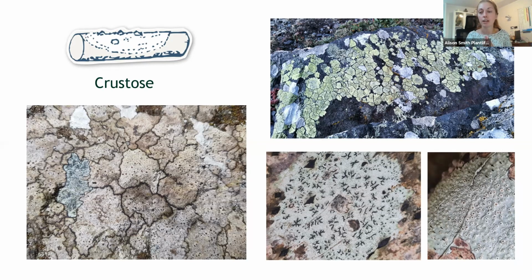And you will often find that you can go up to a tree or a rock like this and you'll be hard pushed to find any bare surface. They're just lichens tessellating with one another. And many of these species have a dark margin around the edge, called the prothallus, and that marks the edge of one lichen's territory and the beginning of another. So that's an interesting thing to look for on the crustose lichens.